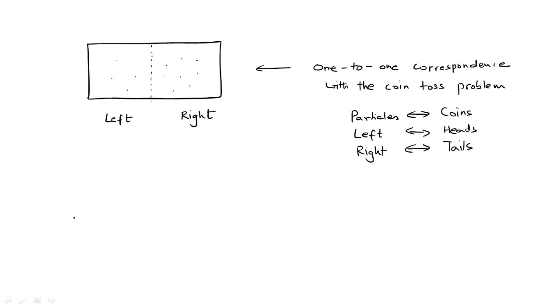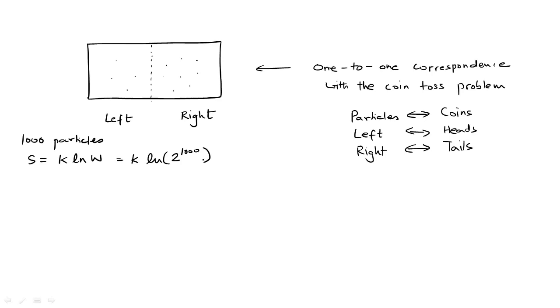Now let us calculate the entropy of the system of 1000 gas particles. The entropy is K ln the total number of ways, and the total number of ways here is 2 to the power of 1000.